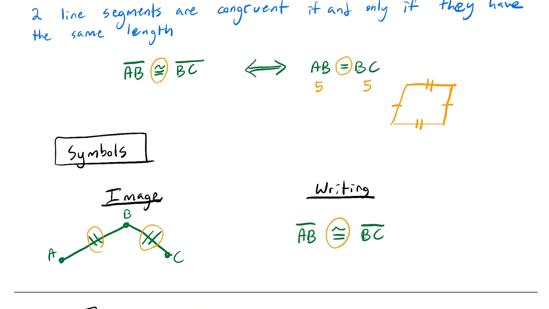And that would mean something like this is 5, so that means this is of length 5. And if this was 8, this would be of length 8. So as long as you have the same number of dashes, that means they're congruent. And so that's how we use it in an image, which will be really common, just reading the textbook and noticing what they're giving you. Rather than writing out in sentences, they do it in the image, okay?